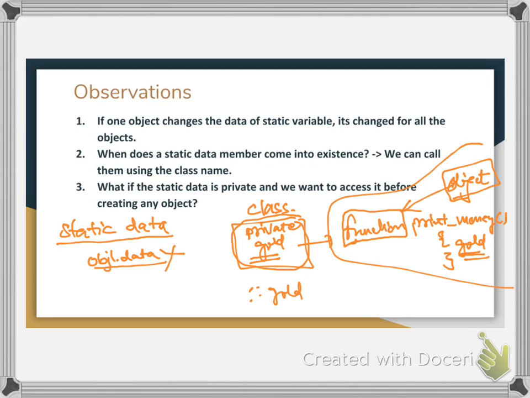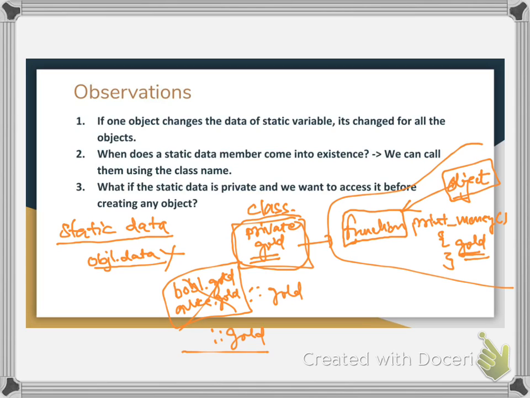If you are skimming through the program and you see bob.gold, alice.gold and all this stuff, it conveys a sense that gold is actually an automatic variable and Alice has her own value of gold, Bob has his own value of gold, while in actual it's not so. You should avoid writing it like that, and you should always try to access this gold with the help of your class only. But then we have seen that when we are doing it using class, gold should be public. Now I don't want to keep this gold public to the class, it should be private to the class. In that case, how do I access its value from main?